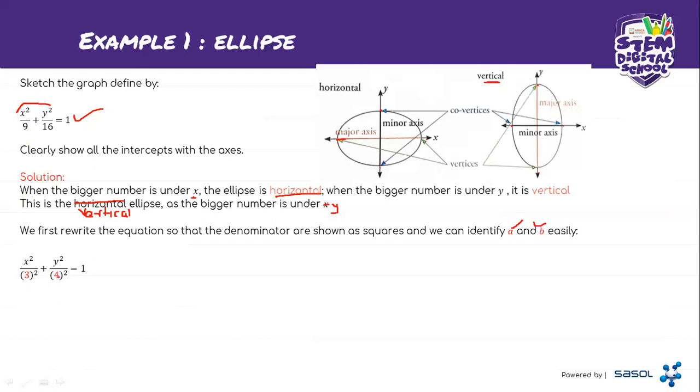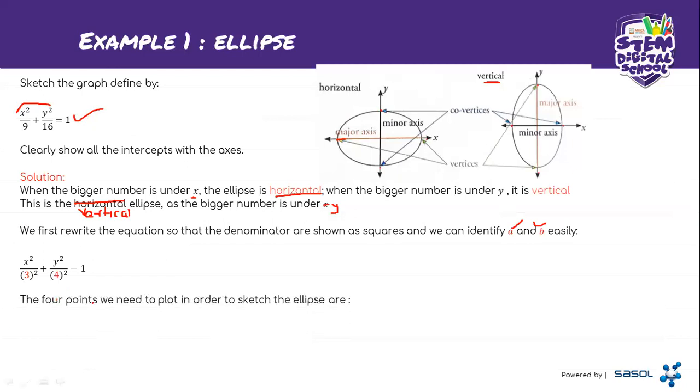And then b, 4 squared is 16. Then we can now easily see what is the value of b, which is 4 in this case. Now, these 3 and 4, we're going to use them to plot the ellipse graph.